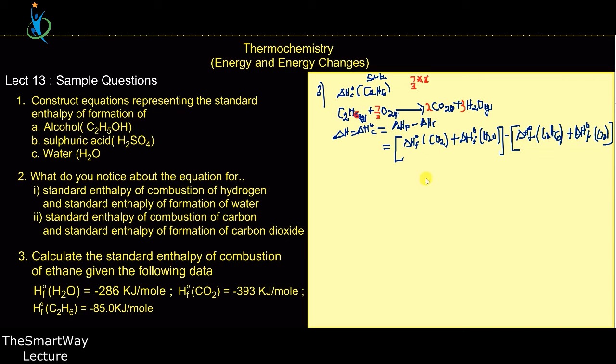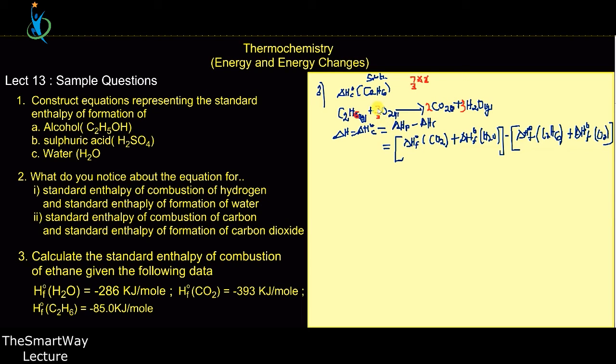Now that we have balanced the equation, we should put the quantities of the substances formed. It is very important, because in the characteristics of enthalpy change, we said that the enthalpy change is proportional to the amount of substance. So use the moles in front of the reactant and the product, and multiply it times the enthalpy values.